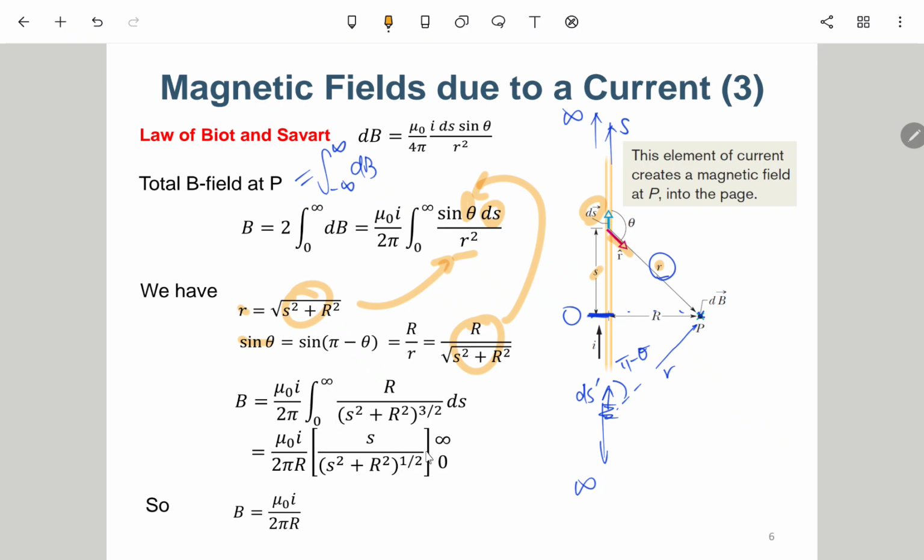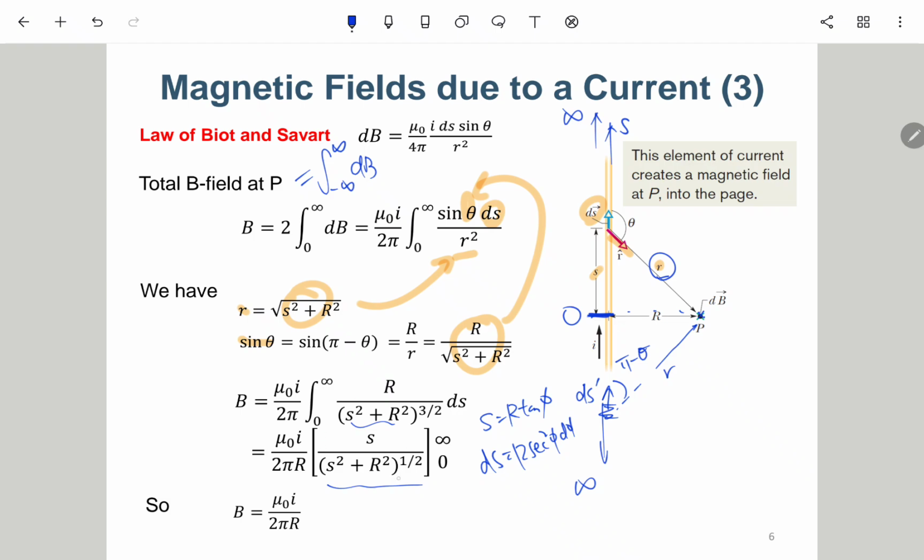I don't try to go through the process. You need to do a change of variable: for this one, you probably need to assume s to be R tangent of phi, and then ds equals R secant squared phi d phi. You do some work, and then finally you find the antiderivative like this.